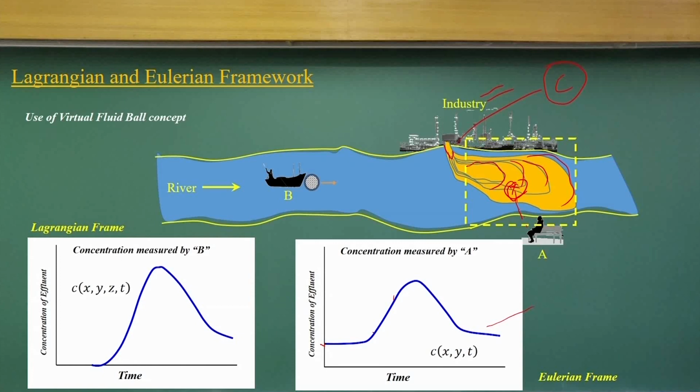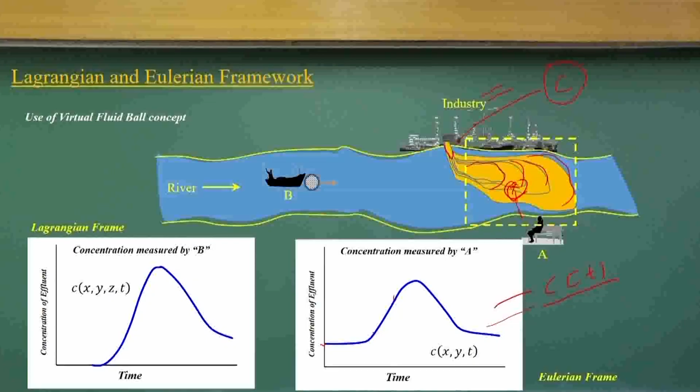So C is a function of t. We are not targeting fluid particles; we have a fixed location, and whatever fluid particles pass it, we measure the concentration using this probe and plot it. If we do that, then we call it the Eulerian frame.